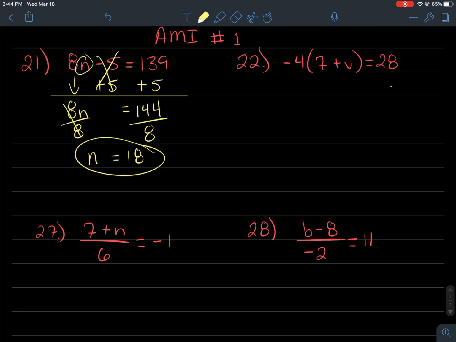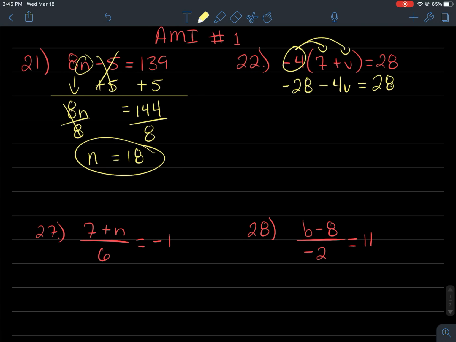Now, for the next one, 22, all we have to do is take this negative 4 and distribute it through the problem here. We get negative 4 times 7 is negative 28. Negative 4 times v is minus 4v, and it's equal to 28.